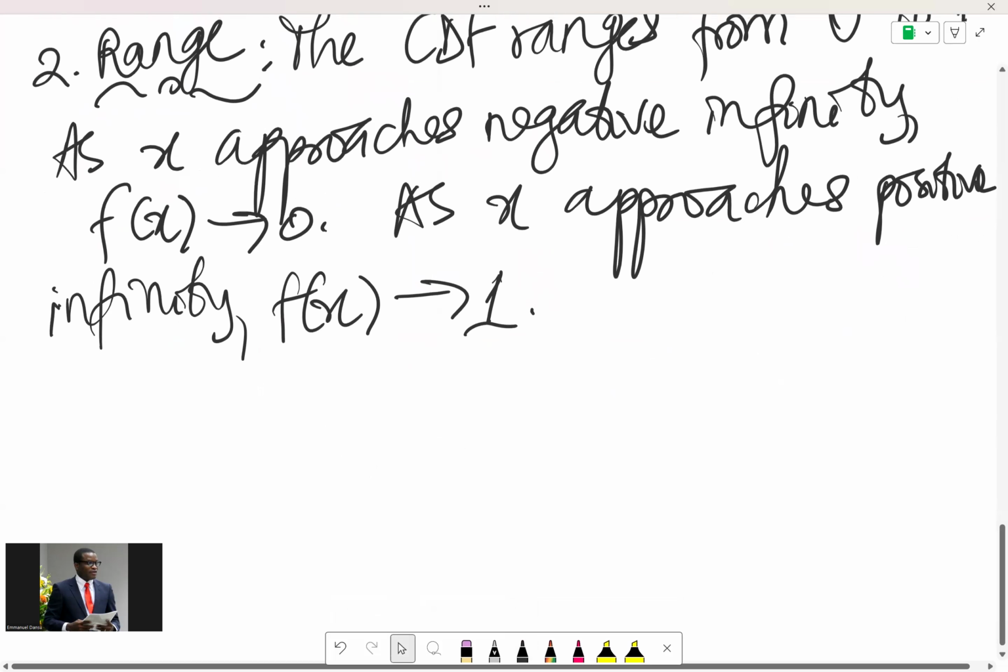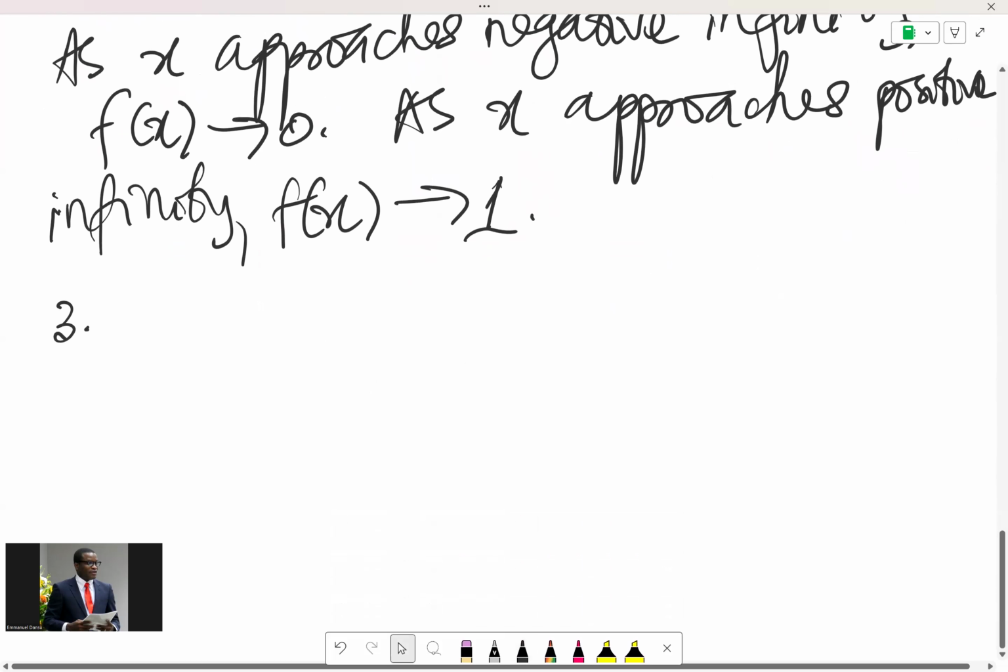Another property of the CDF is that it is right continuous.